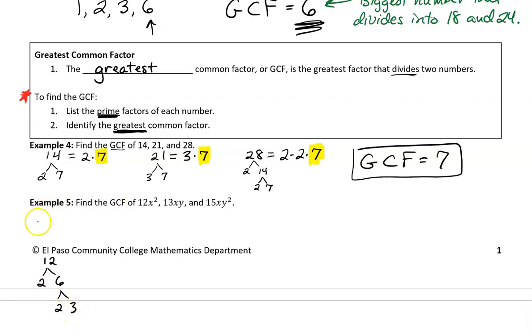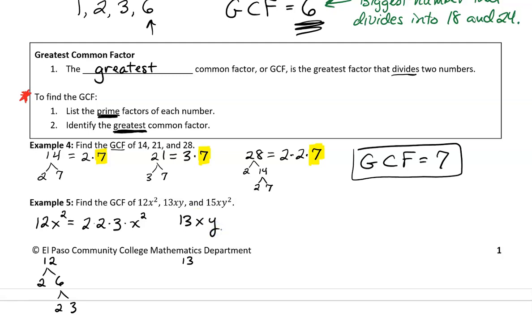So in my first one, my 12x squared, I can write this as 2 times 2 times 3 times my x squared. Think about that. It's just multiplied all the way through, and it means the same thing as 12x squared. Let's look at 13 now. Well, that's only 1 times 13, so 13 is already prime. We're good to go on 13.